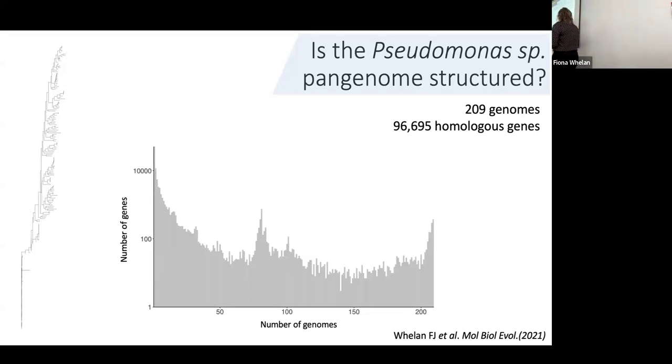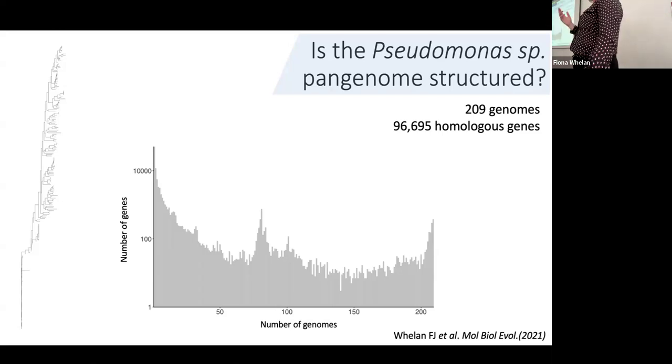We have some number of genes that were found in every single genome, and then a lot of other genes that are quite rare, just found in one or two strains. Then there's this almost U-shaped distribution that is known in the pangenome literature. We see a little bit of a spike in the middle, probably due to an overrepresentation of one particular species, Pseudomonas aeruginosa, because it's of clinical importance.